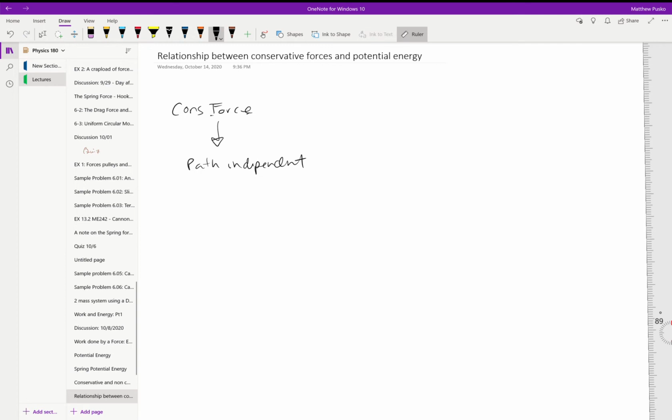And for such a system, we can define what's called a potential energy function. I'll show you how to do that, and it ends up being a way that we can see if a force is conservative or not. So let's take a look at that.